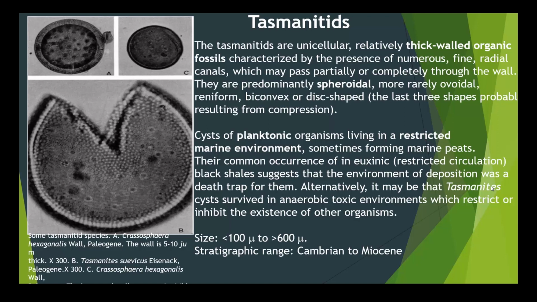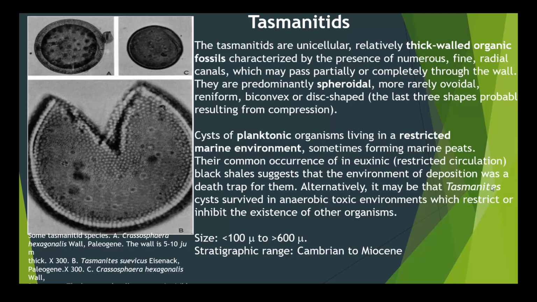The Tasmanites are cysts of planktonic organisms living in a restricted marine environment and sometimes forming marine peats. They are very common in euxinic black shales which had restricted circulation, suggesting that the environment of deposition was a death trap for them.